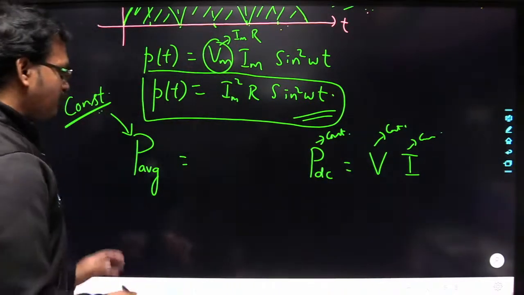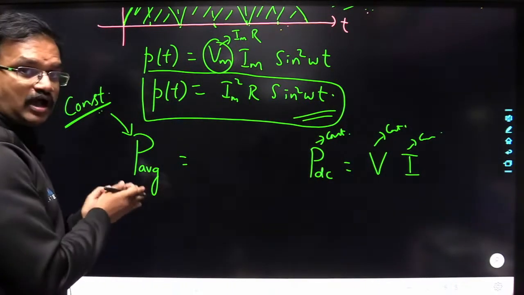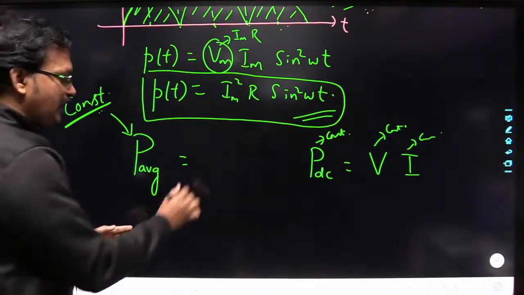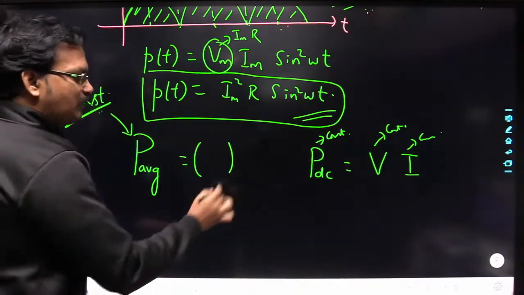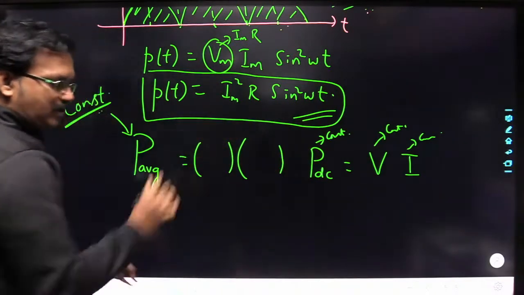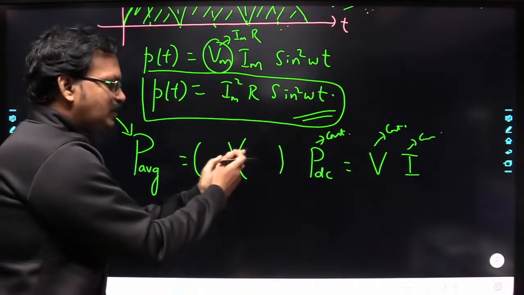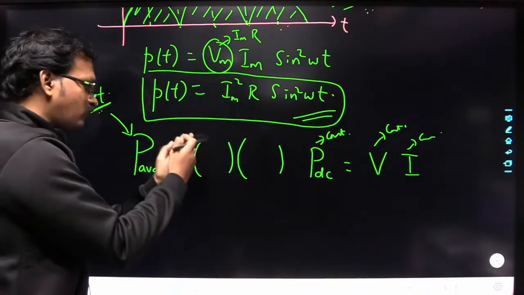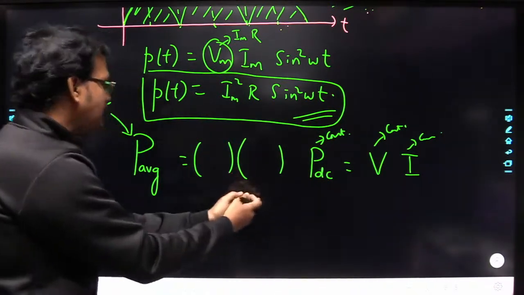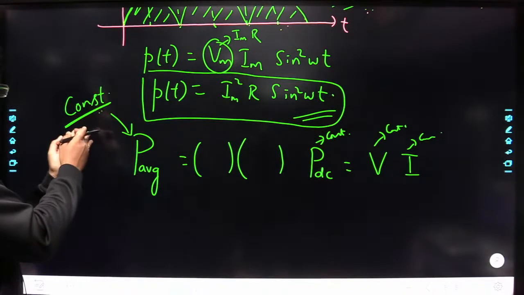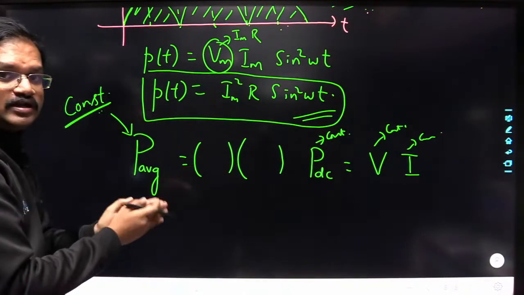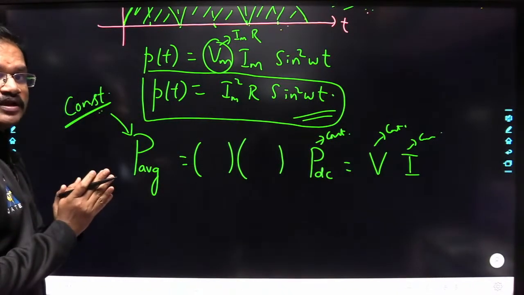Now here I want to represent this average power in terms of voltage multiplied by current. So if you multiply voltage and current, finally you have to get some constant value that is independent of time.